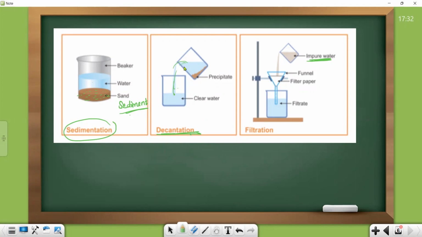It may be muddy water, so you can't drink it. If you want to remove that also, you need filter paper, because filter paper has very small pores which don't allow the impurities to pass through. Then we can drink it. Yes, after filtration we will drink, right? We can drink after the filtration process.